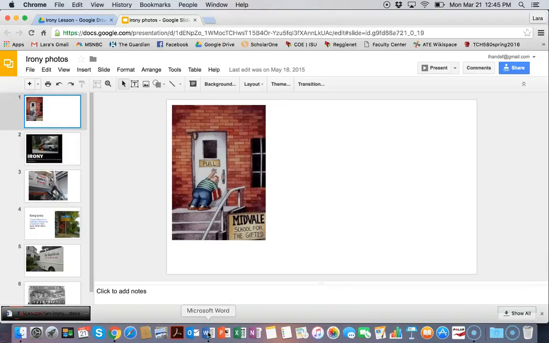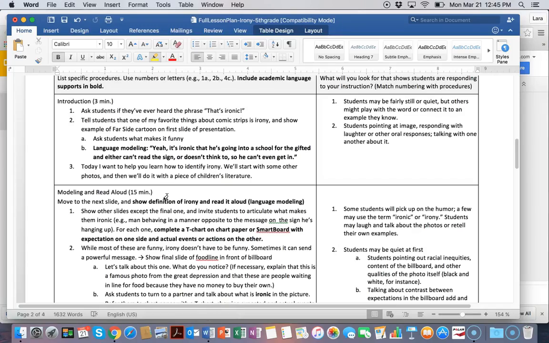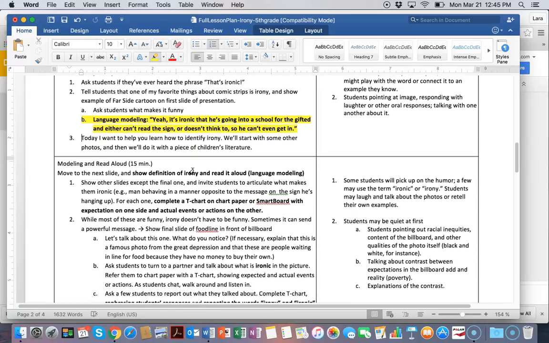So let's go back to the lesson plan. So that's the first thing that I did. And then I actually used some language modeling. I said, yeah, it's ironic that he's going into the school for the gifted and he can't read the sign or doesn't think to, so he can't even get in. Then I introduce my plan, or the activity, I tell them that I want to help them learn how to identify irony and that we're going to start with some photos.